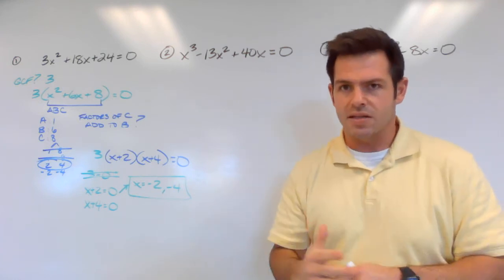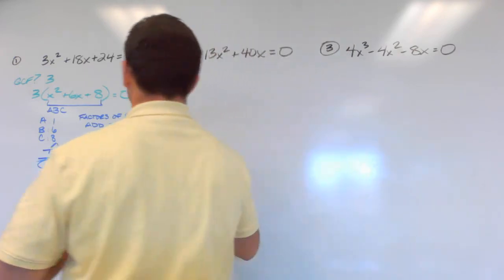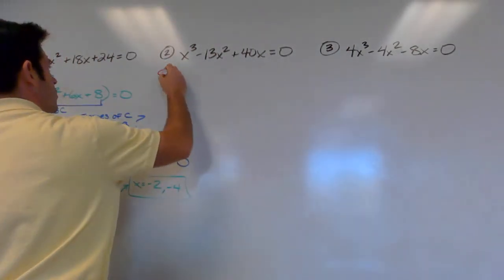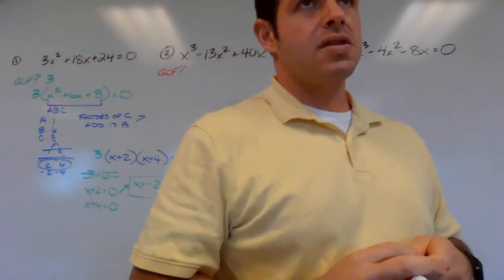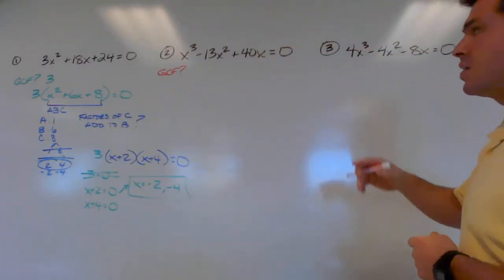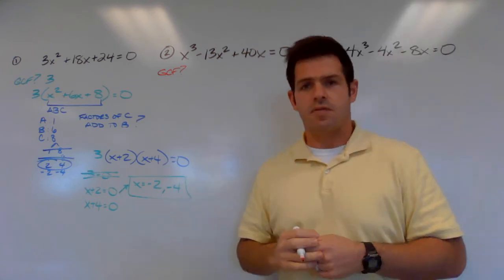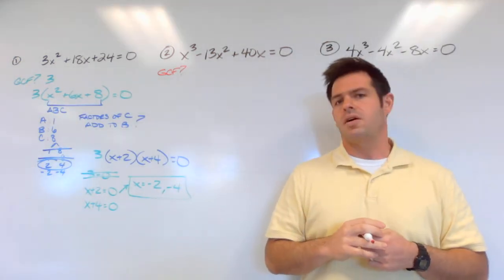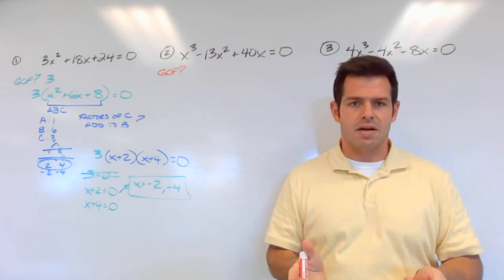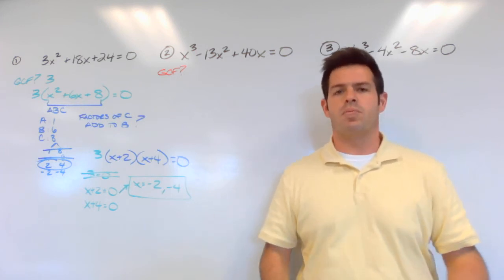So, again, let's go ahead and check for a GCF. And we first look for the coefficients here. We'll look at the coefficients 1, negative 13, positive 40. Any numbers divisible other than the number 1 into those coefficients, and there's not. In fact, 1 and 13 are both prime.